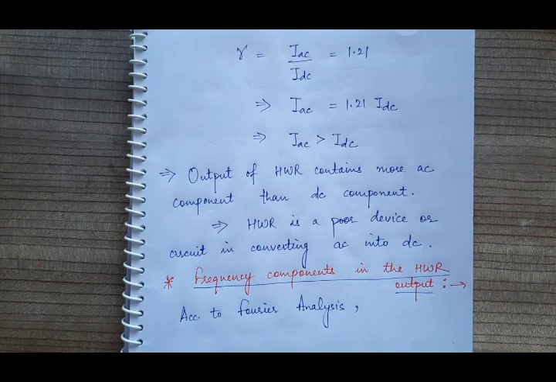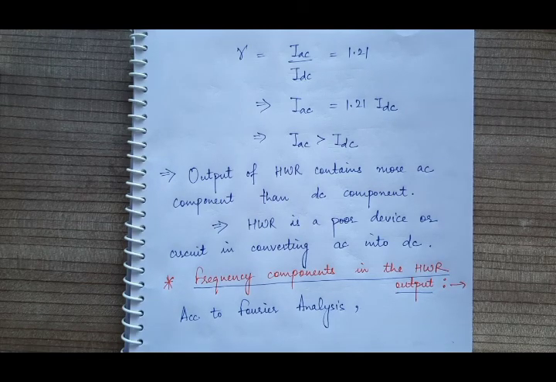Then what will be the DC value of current? DC value of current is I naught by pi. According to the working, the output of half wave rectifier must contain only this component IDC, which is equal to I naught by pi.